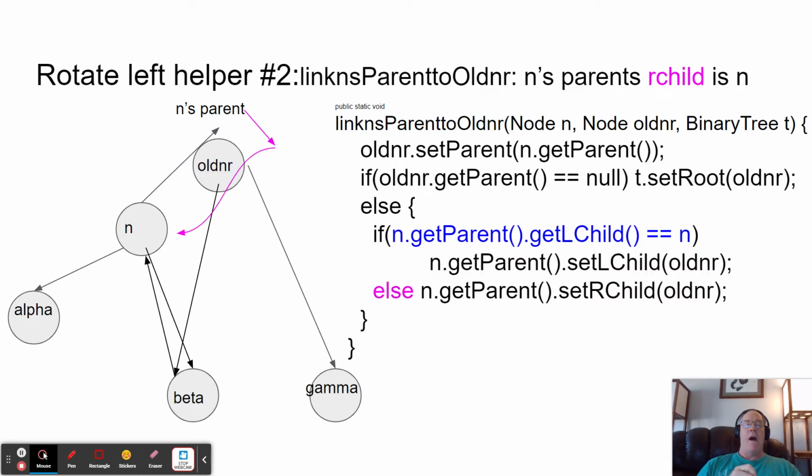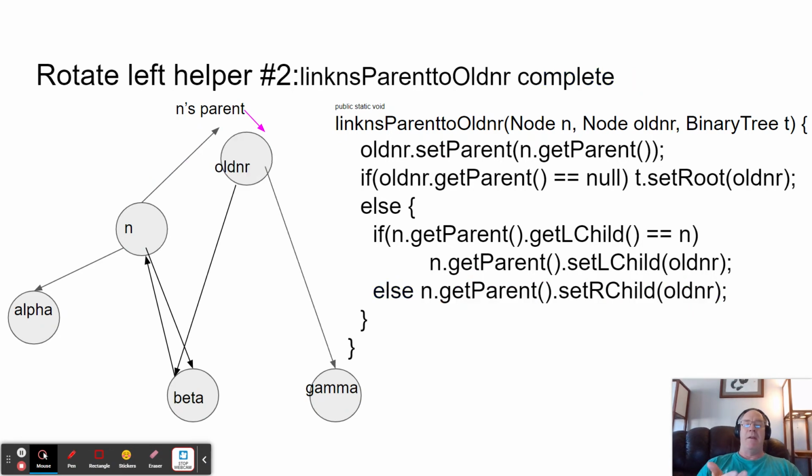On the other hand, it might not be the case that the left child of the parent of n is n, in which case that means the right child of the parent of n is n, and therefore we're going to set the right child of n's parent to be old nr.